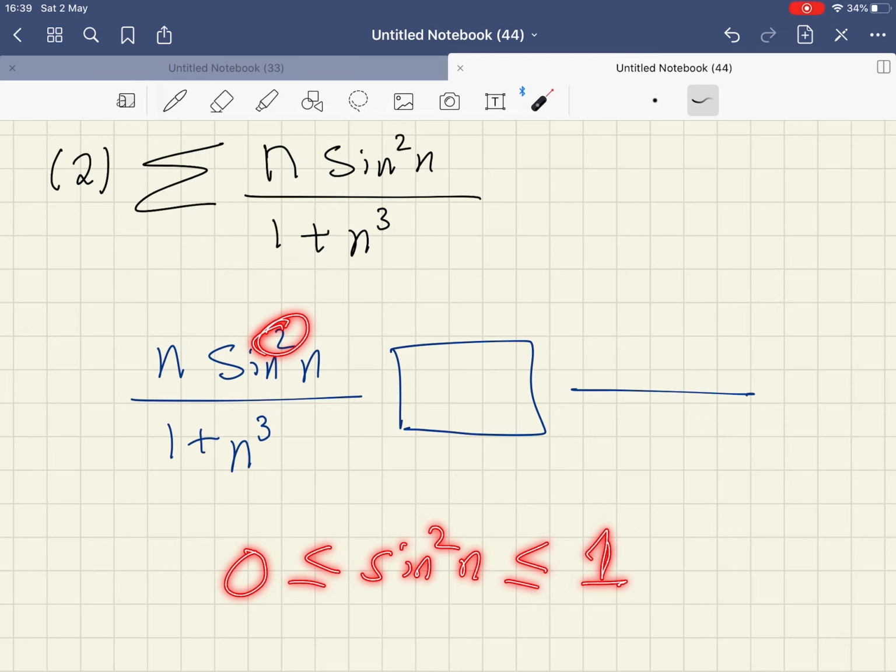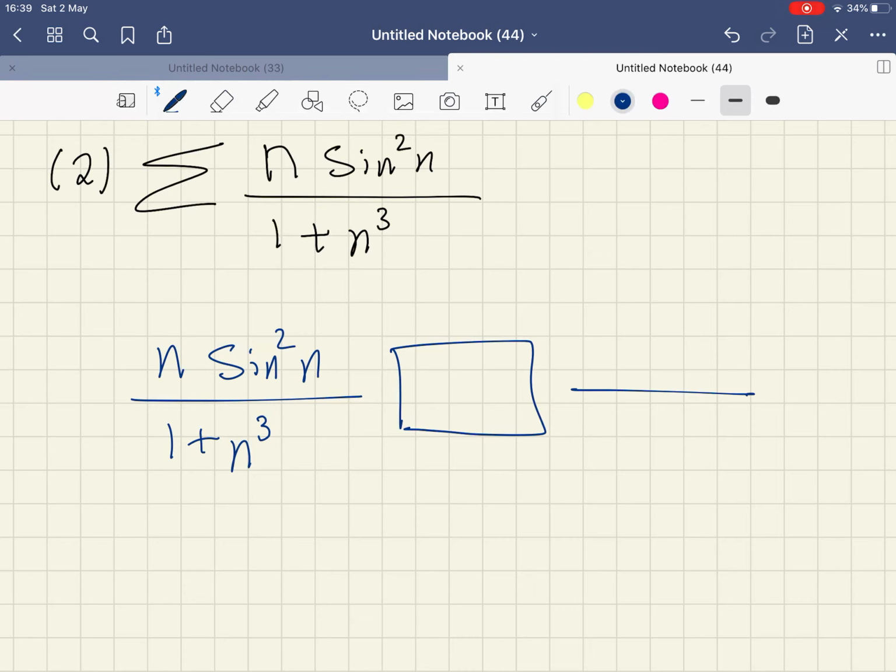So we can just take the sine out of the expression, and we just write in here the denominator as it is. And that's what we have up here.